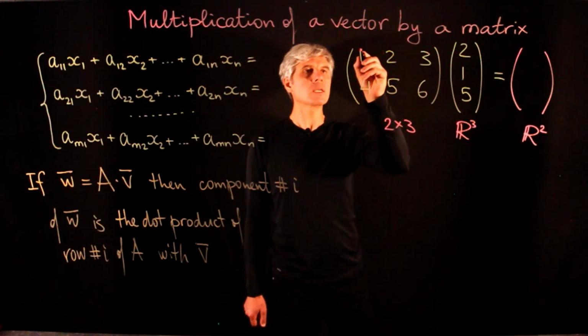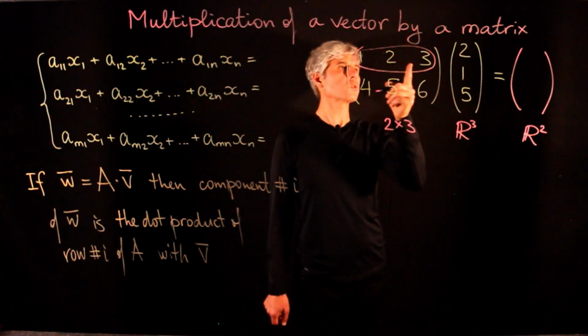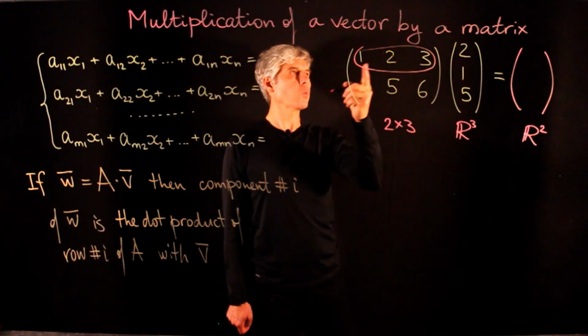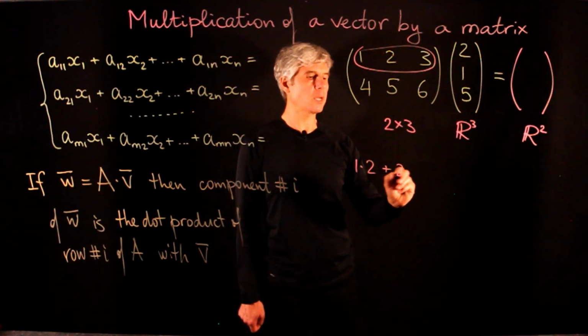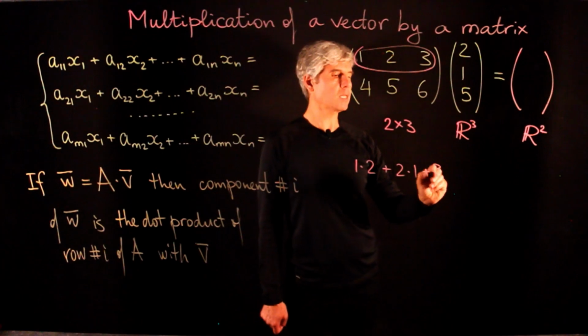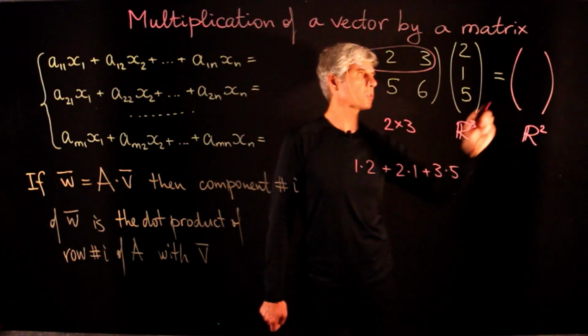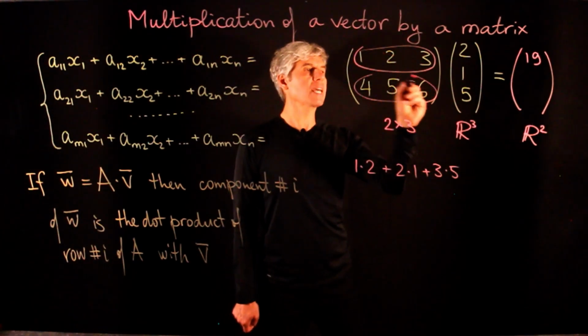We take rows of this matrix and we compute dot products of each row with this vector. So for example, here we take the first row and take the dot product of 1, 2, 3 with 2, 1, 5. So this dot product is going to be 1 times 2 plus 2 times 1 plus 3 times 5. So this is 2 plus 2 plus 15. So this is 19. And then we take the second row.